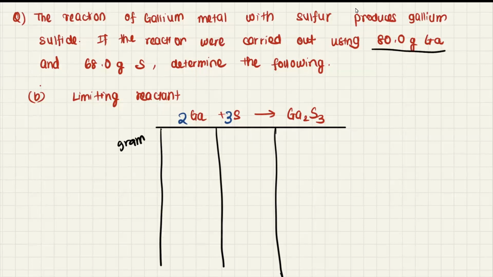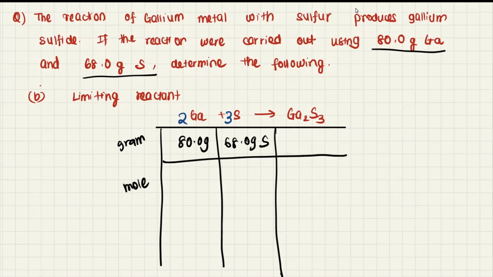We have 80 gram of gallium, so let's write 80.0 gram. And for sulfur, we have 68.0 gram. Now we are given the gram, but to solve this, you always need to know the mole. So from the gram, you need to find your mole. How do you do that? From the gram, how do you find your mole?